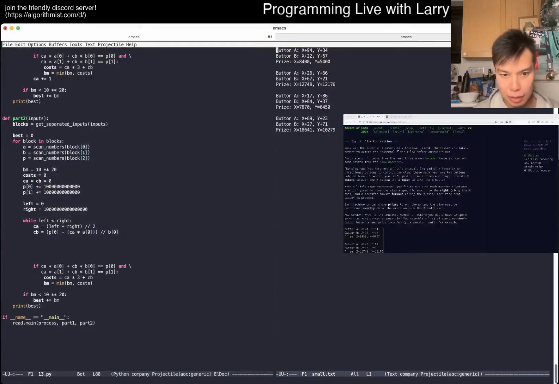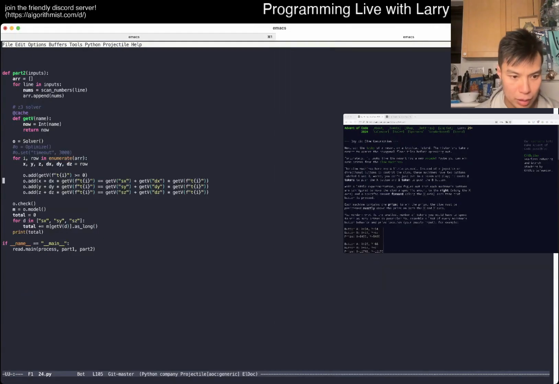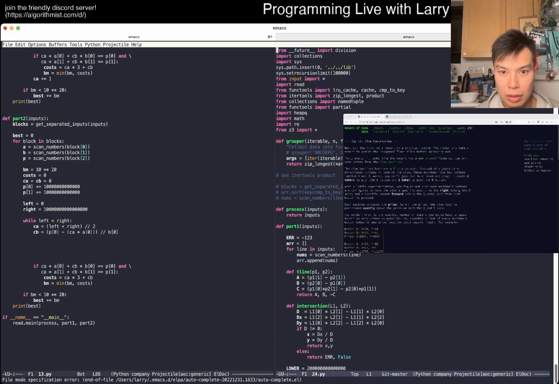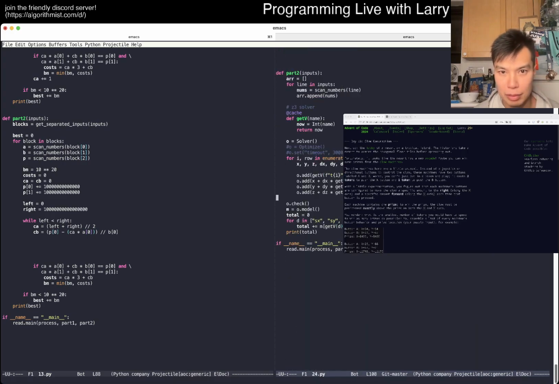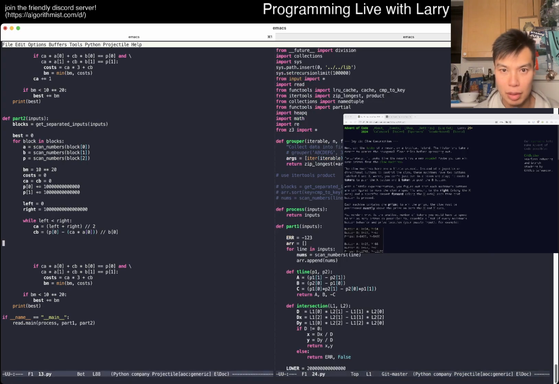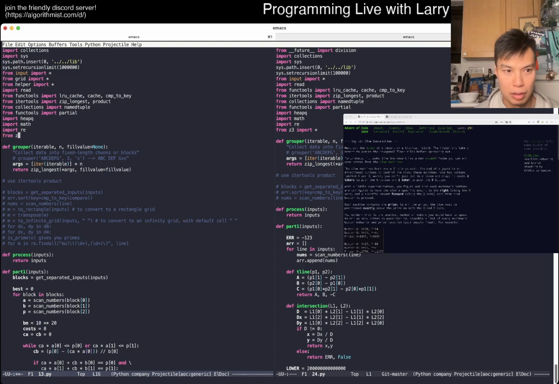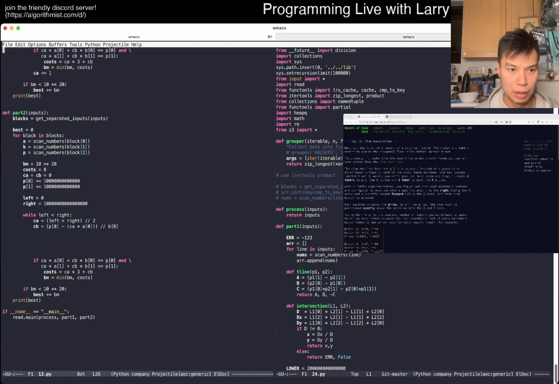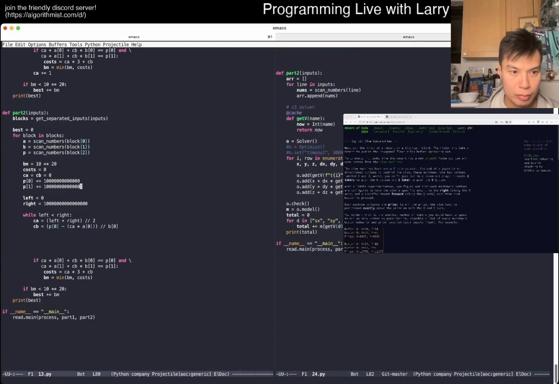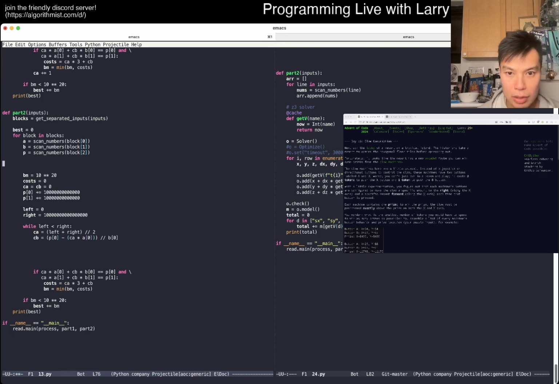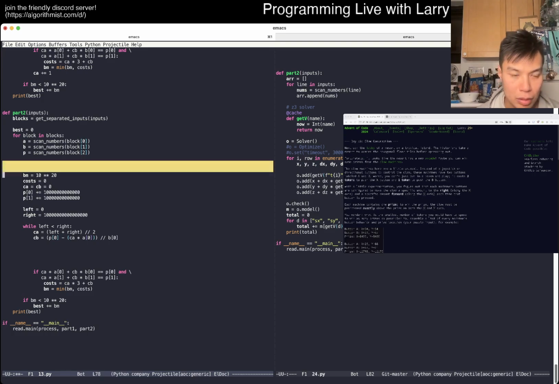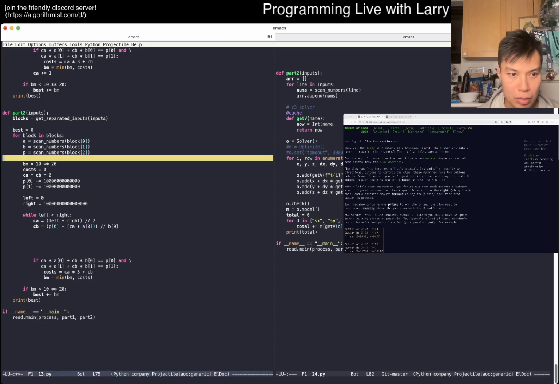Okay, maybe I just have to do it. I don't actually remember how to do solver stuff though. But maybe that's the way to do it. Okay, so. Whatever, keep these for now.